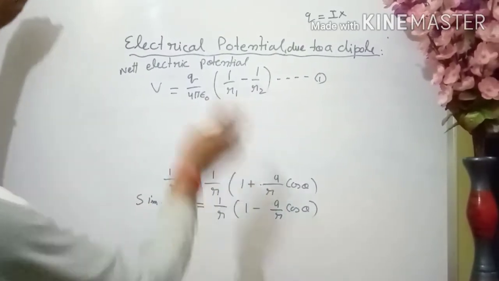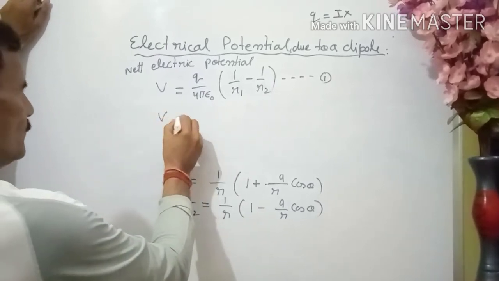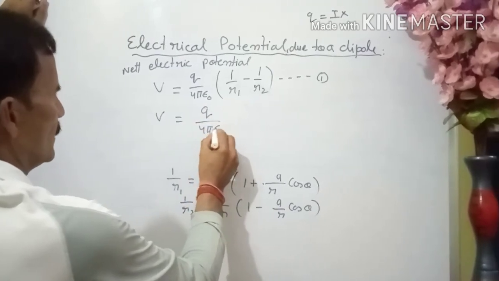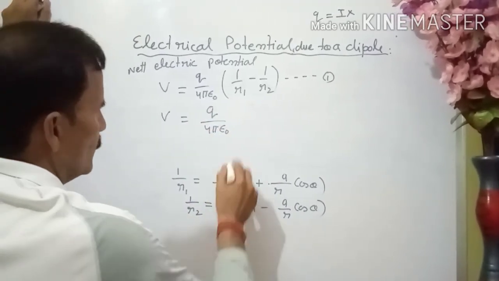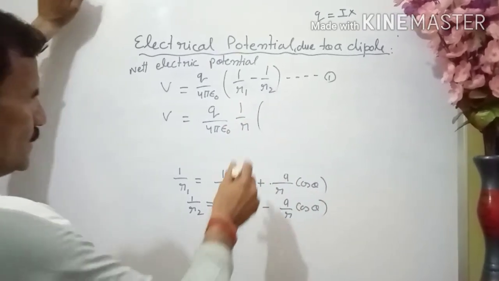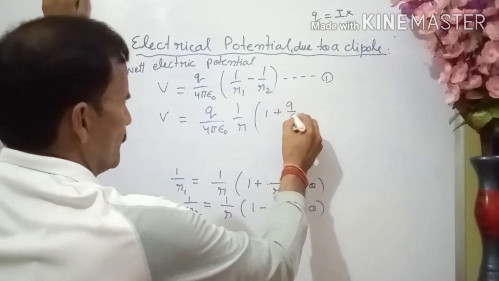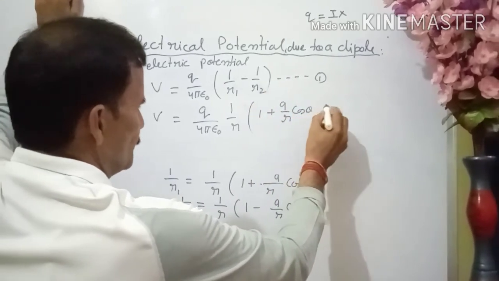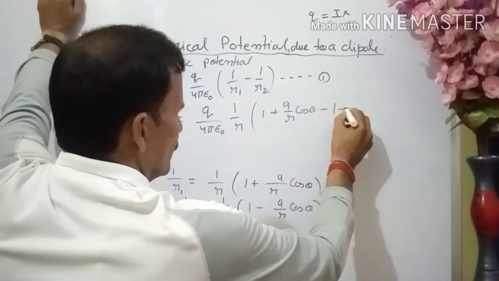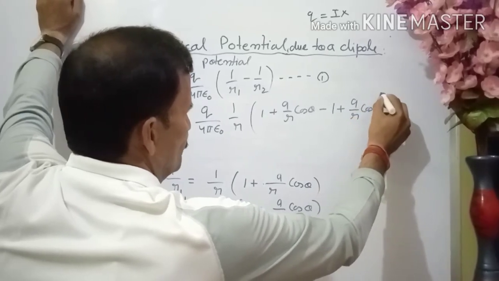So putting in these two values, V is equal to Q upon 4 pi epsilon naught, and here 1 upon r is common, so it is nothing but 1 plus a upon r cos theta, and minus means minus 1 plus a upon r cos theta.